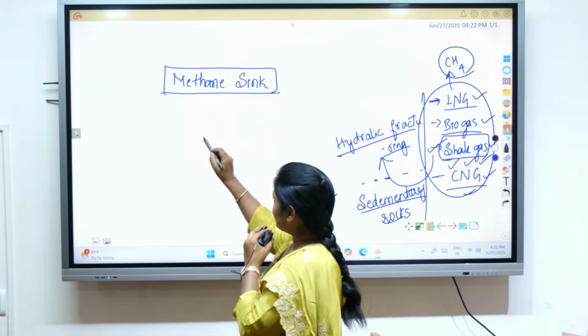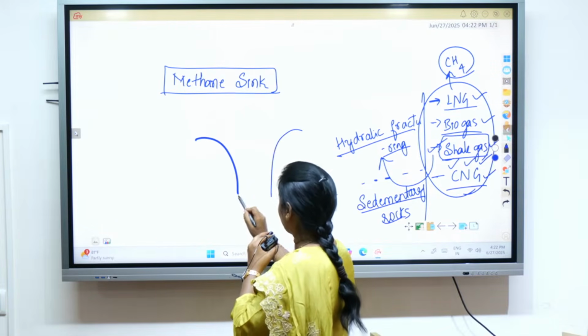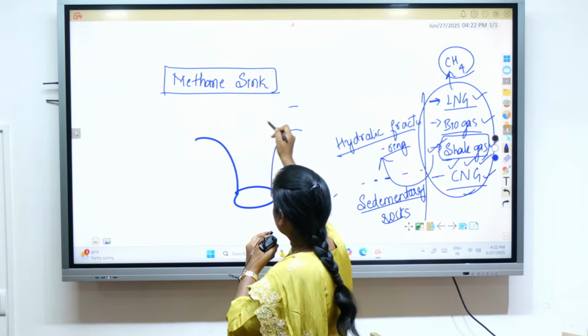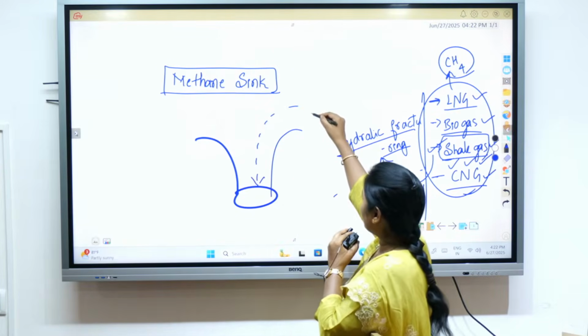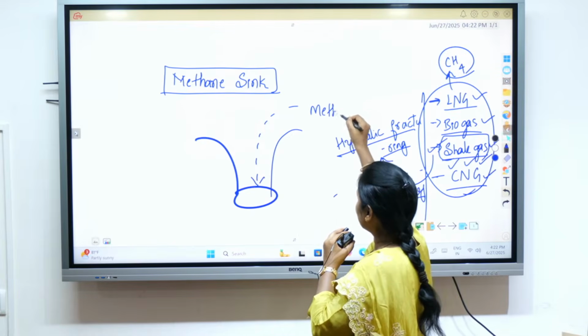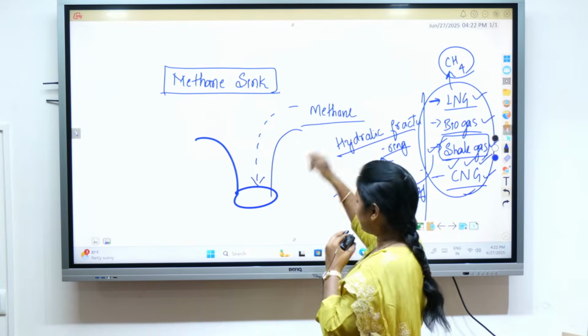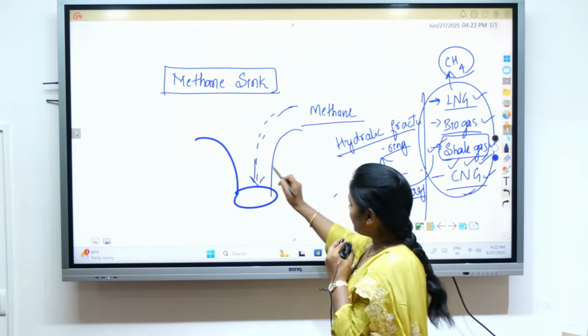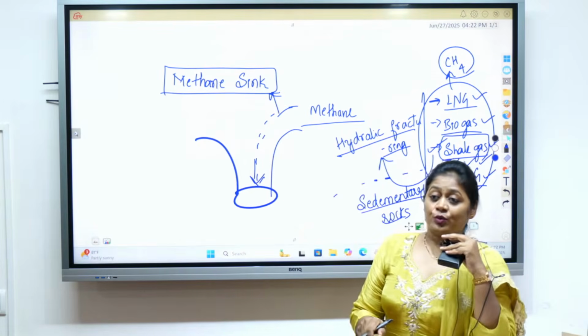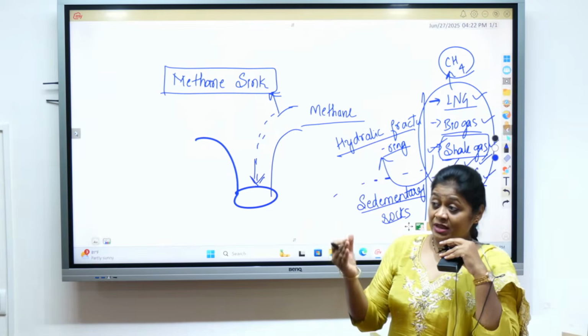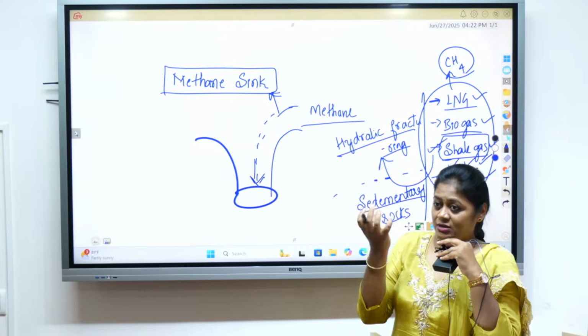Here sinks are nothing but structures which take up methane. If a carbon sink absorbs carbon, then what absorbs methane is known as a methane sink.